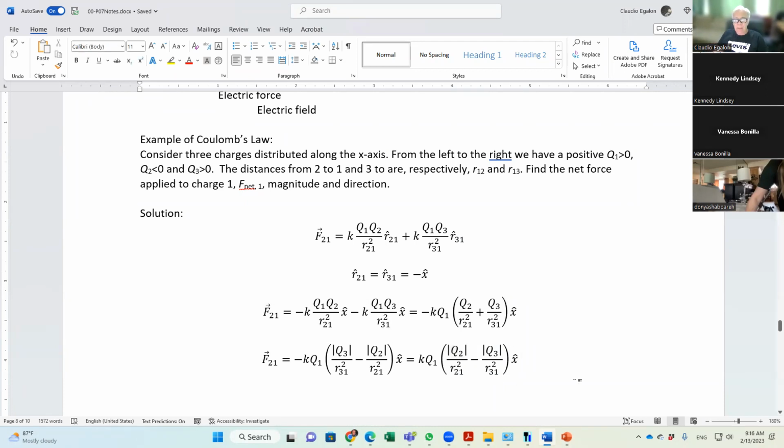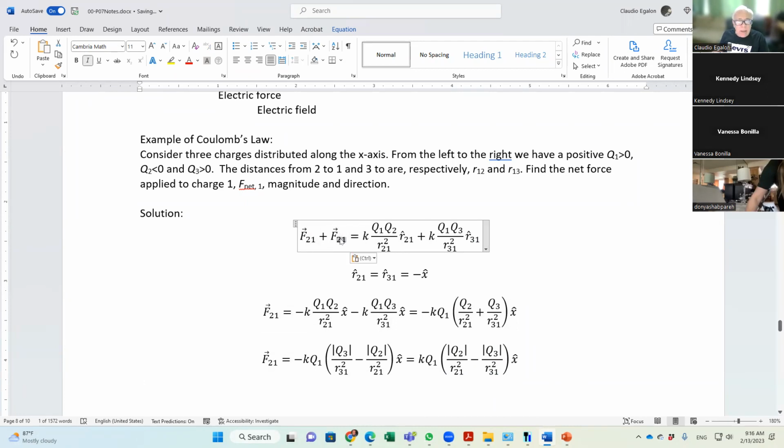The net force, that shouldn't be, let's see, that should be like that. Let me elaborate a little bit more. The correct way is 3 in 1, right?